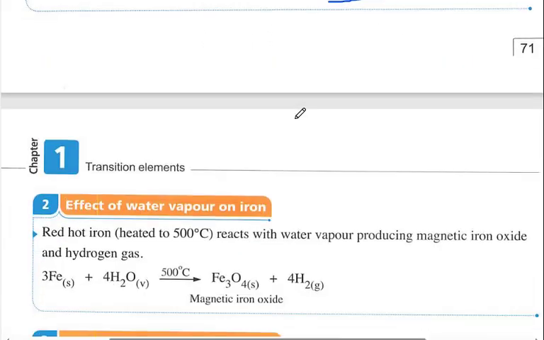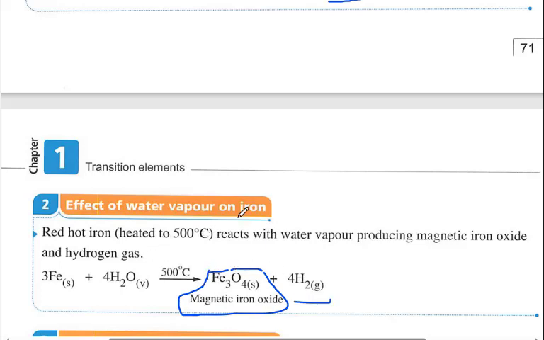Let's see here the effect of water. The same. See, 3 iron atoms with 4 molecules of water vapor because it is 500 degrees Celsius. So red hot iron heated to 500 degrees Celsius reacts with water to form the same magnetic iron oxide, the mixed oxide, and hydrogen gas evolves.